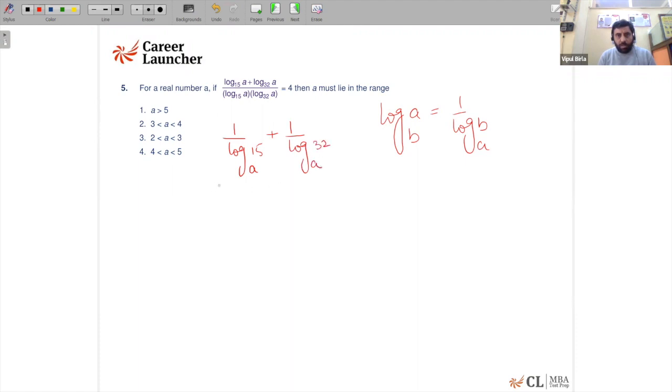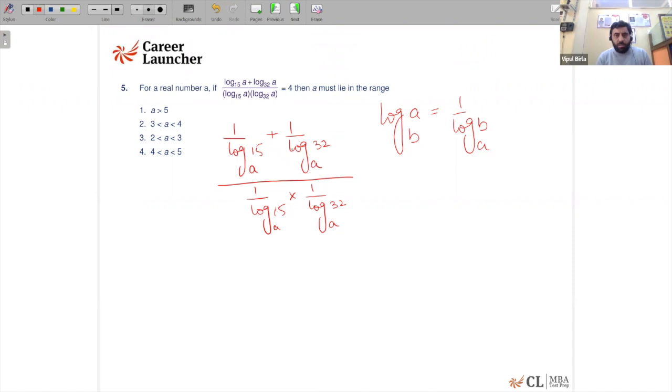This is the numerator, and the denominator, with the same logic, can be written as 1 upon log 15 to the base a multiplied with 1 upon log 32 to the base a. Now take the LCM in the numerator.